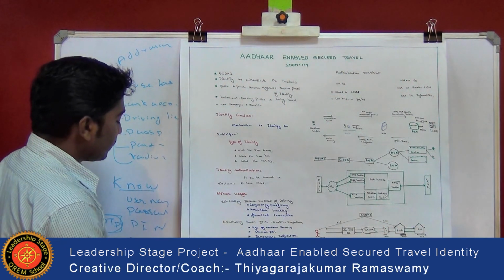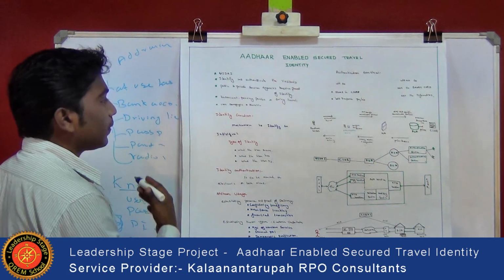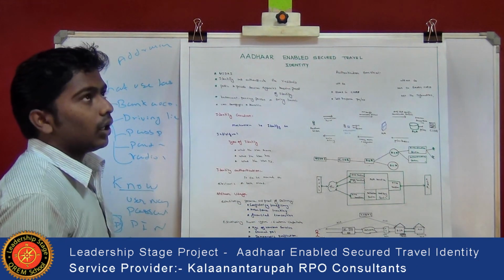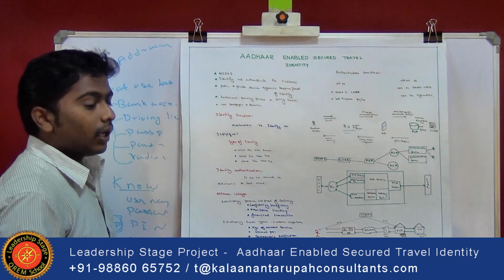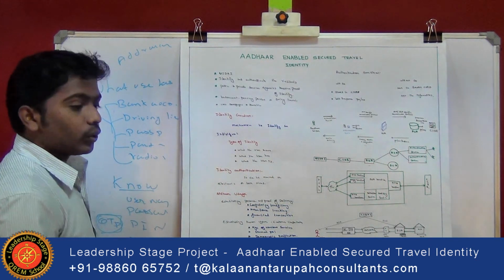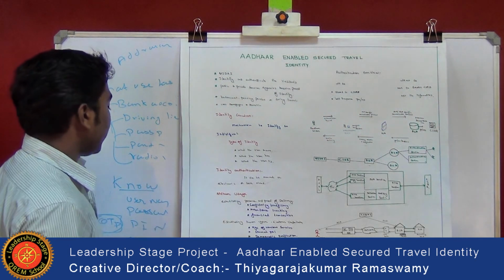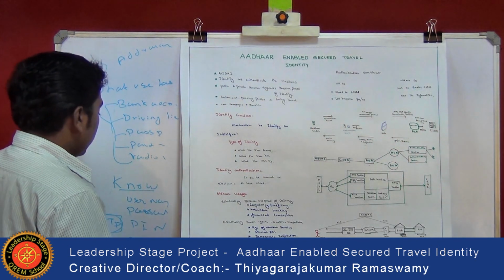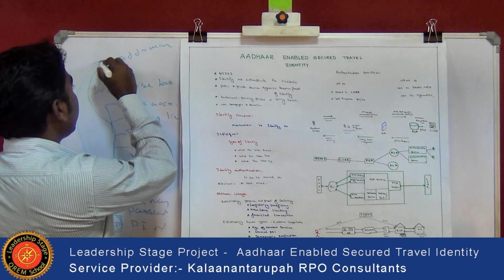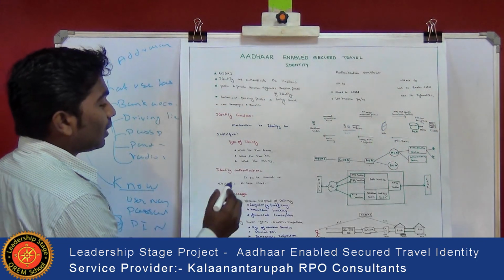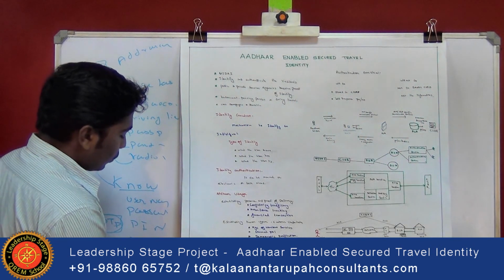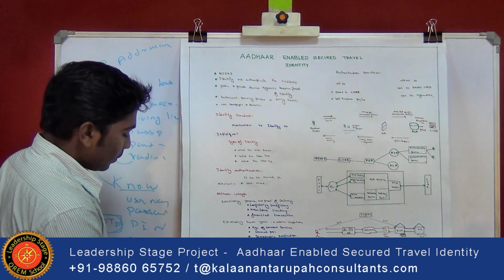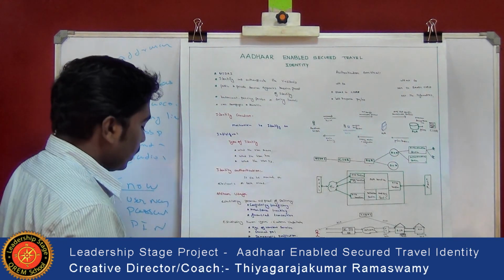The security questions will be provided by the user to the Aadhaar. So if the user forgets the username and password, the security questions will be used to recover the password and or username. All this will be stored in the Aadhaar. And what the user is: photos, biometric information, iris, and voice.